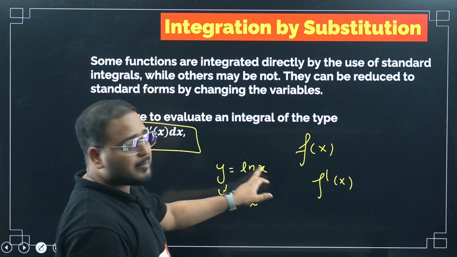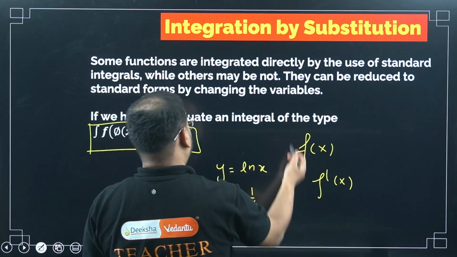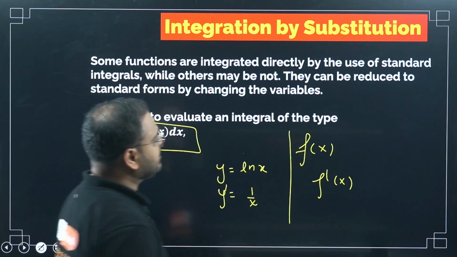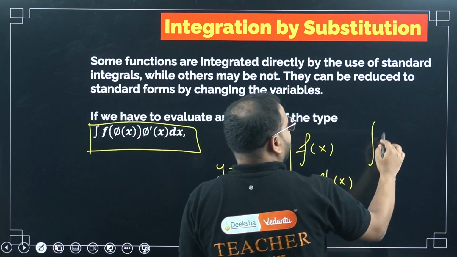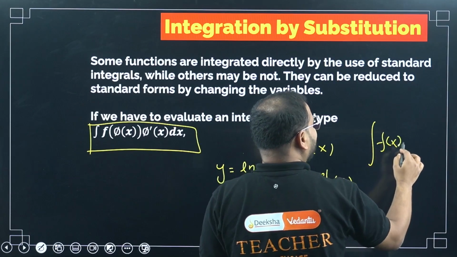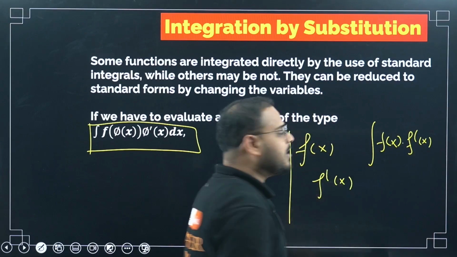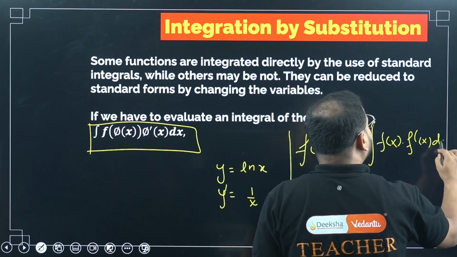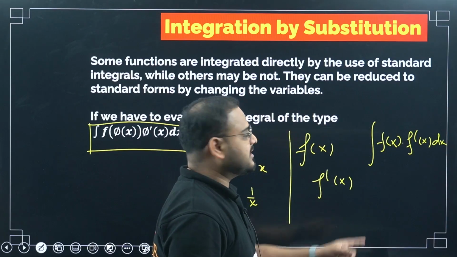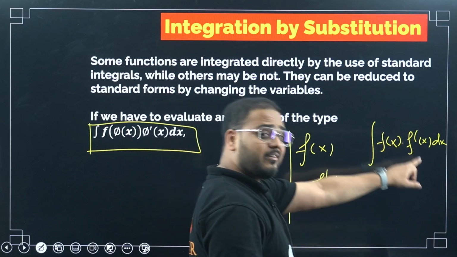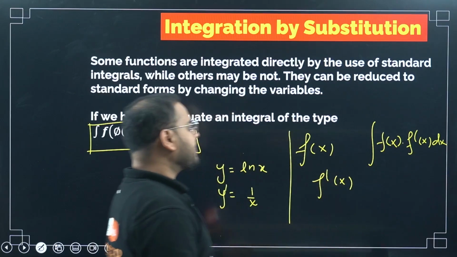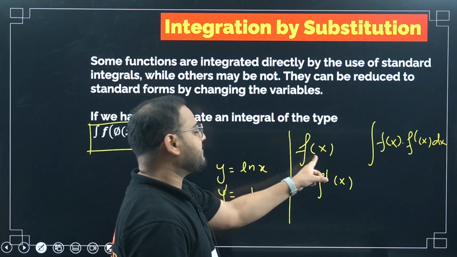If both of them are present in the same integral, so the integral goes as f(x) multiplied with f'(x), with the integrating variable dx, meaning the function is there and the function's derivative is also there with dx, then I can substitute this f(x) as something else.